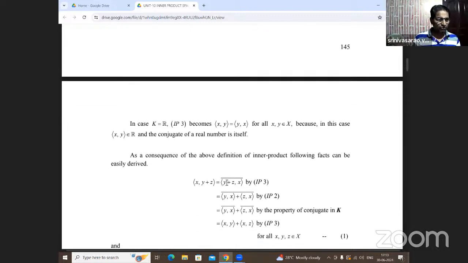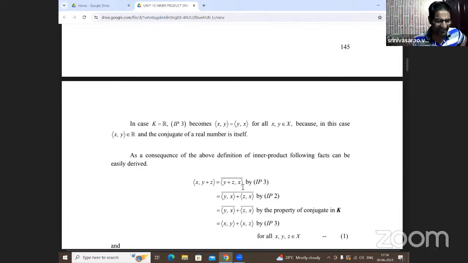Okay, students. Now, how to derive the linearity property in another way from the above definition. The inner product of x with y plus z, where y plus z is the addition of vectors, distributes over the vector addition: x and y plus x and z. In the same manner, by conjugate symmetry, it can be written as the conjugate of the inner product of y plus z and x, by IP3.